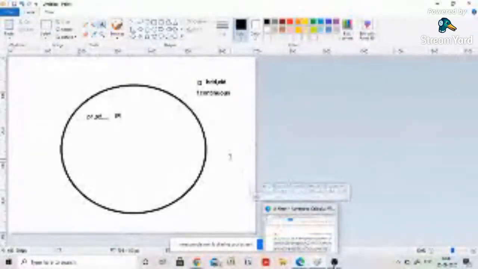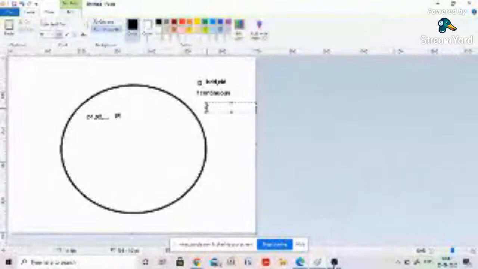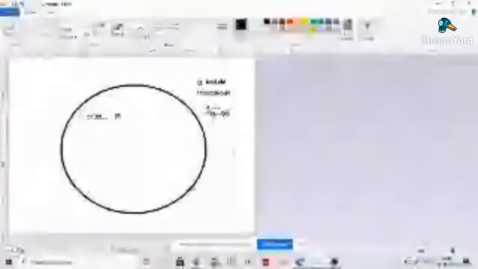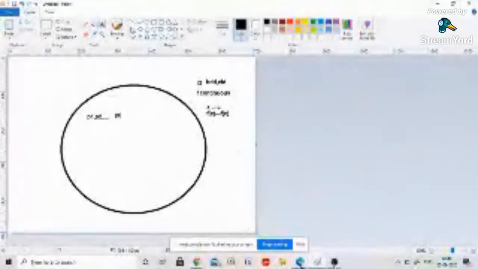What is the continuity property? As x goes to c, f of x goes to f of c. That is the continuity property. Is it right? As x goes to c, f of x also goes to f of c. That is the continuity property.